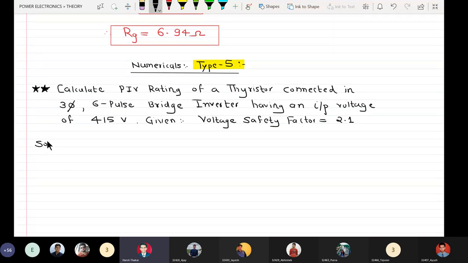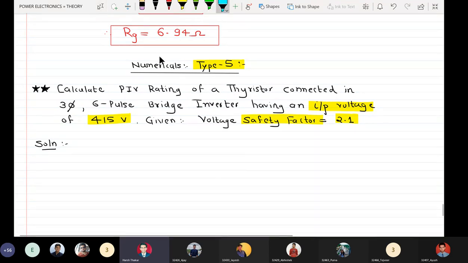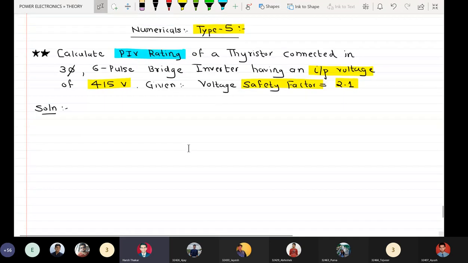Okay, so the important data present in this is input voltage is 415 volts and the given safety factor is equal to 2.1. There is a straightforward formula here for PIV, and what is unknown is the PIV rating.